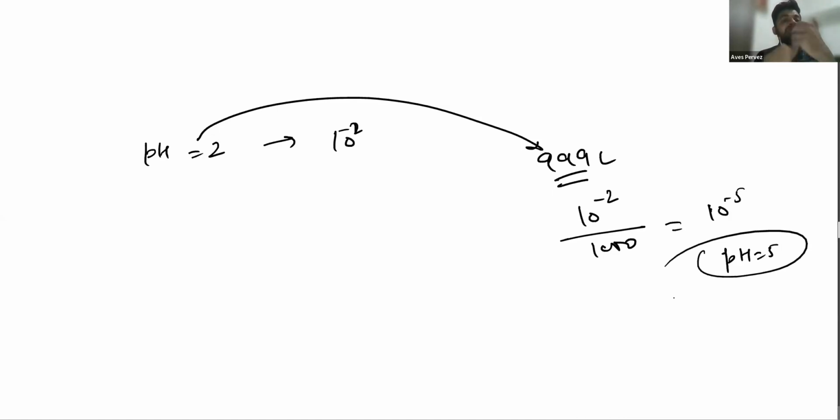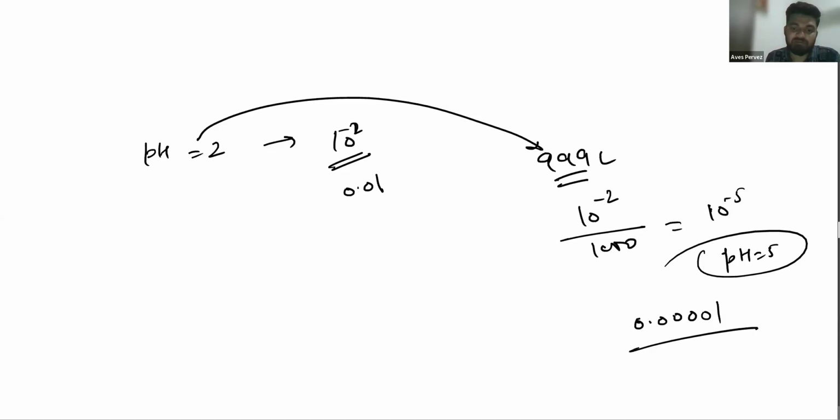So when we are diluting a strong acid, the pH of the solution will increase, as the H plus ion concentration decreases, because initially the H plus ion concentration was 10 raised to the power minus 2, and now it will become this one. So this is decreasing.